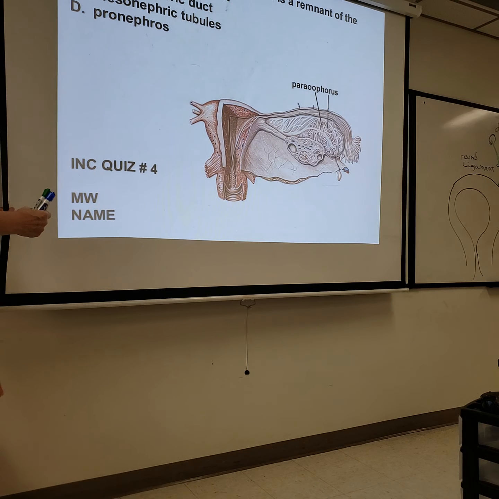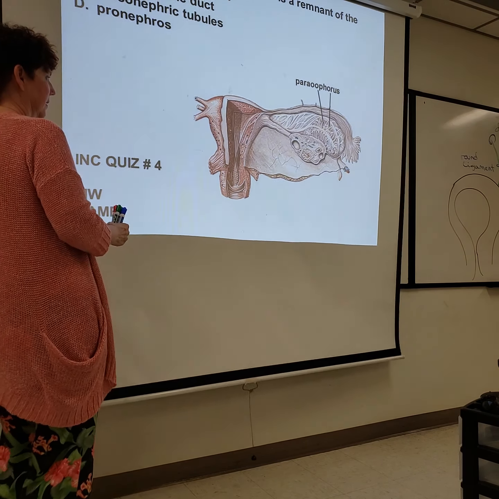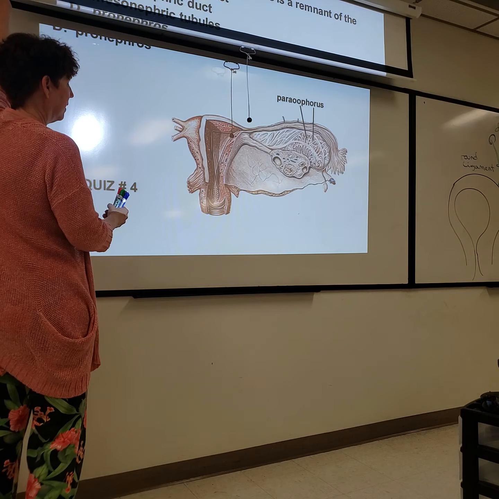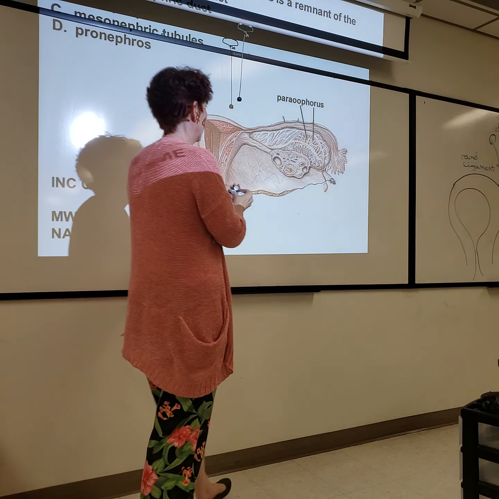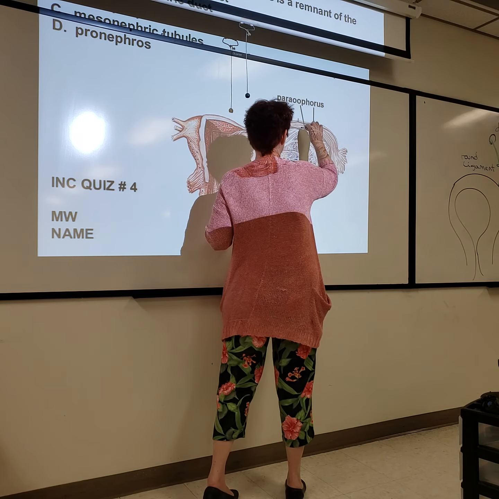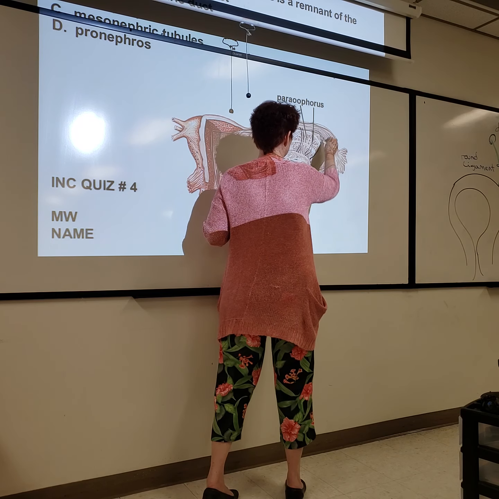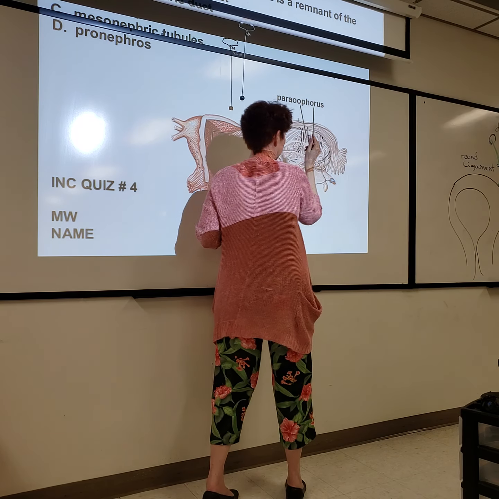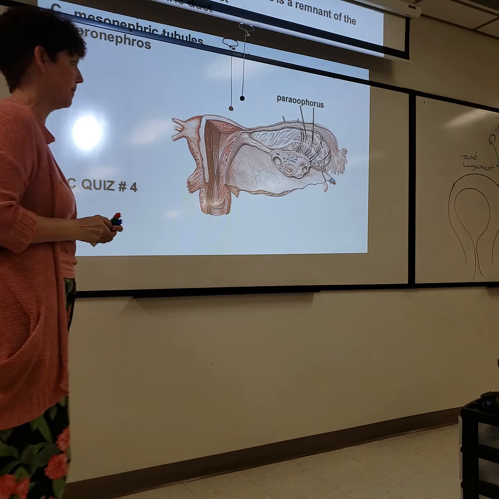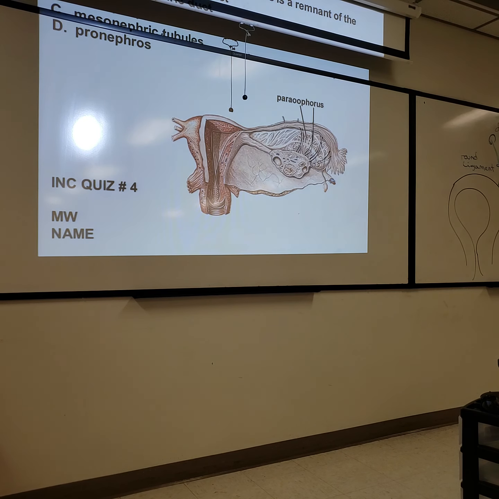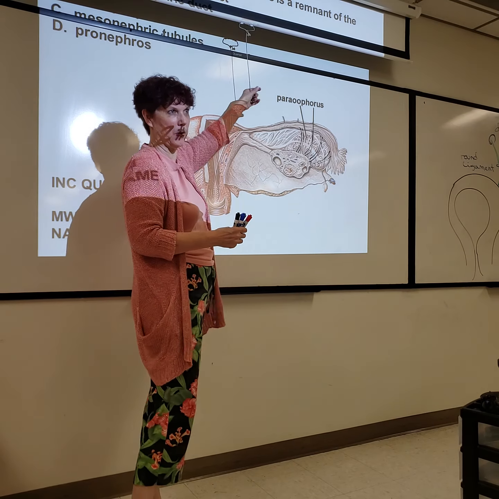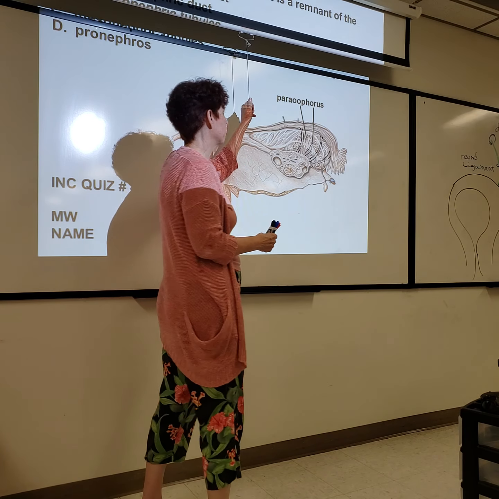So if this was male, it would be doing this. And that's absent in the female. What is it in the male? What does it develop from? Connects the testis to the epididymis.